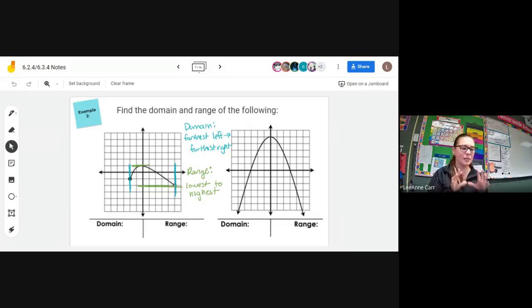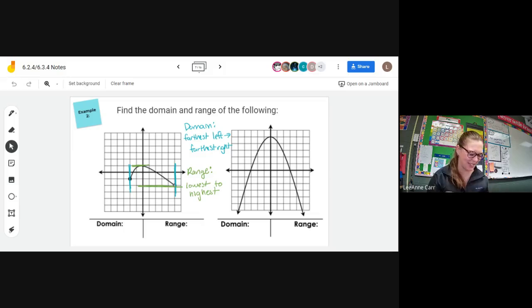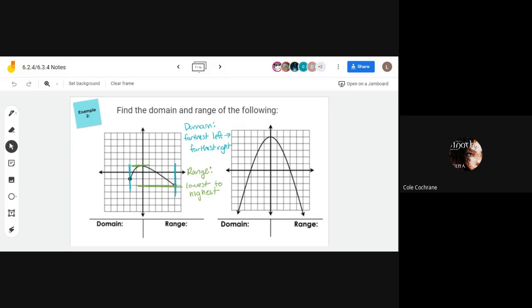All right, then I list my domain and range. So our domain is our blue lines. Can somebody give me a value for my farthest left point here? Yeah, what's our farthest left point? -2.